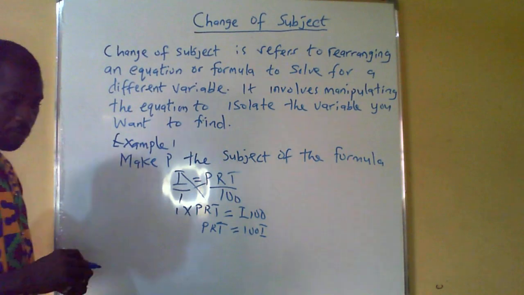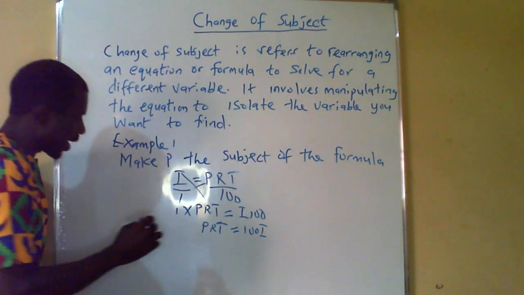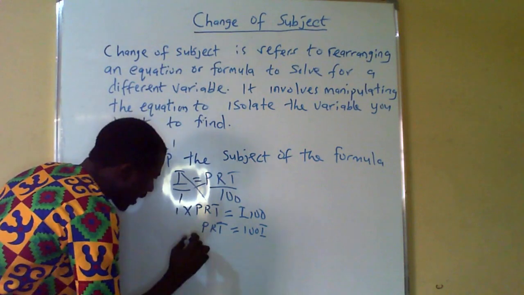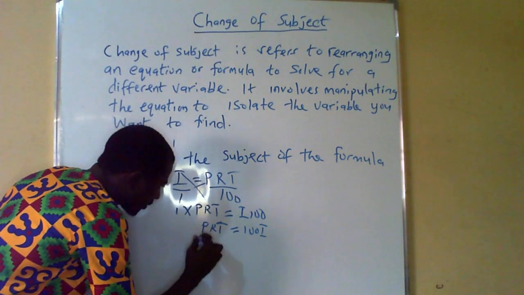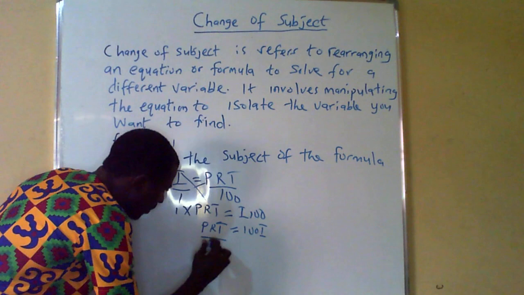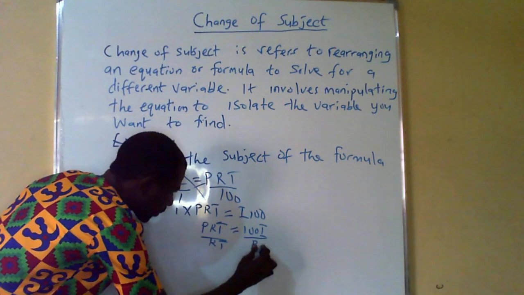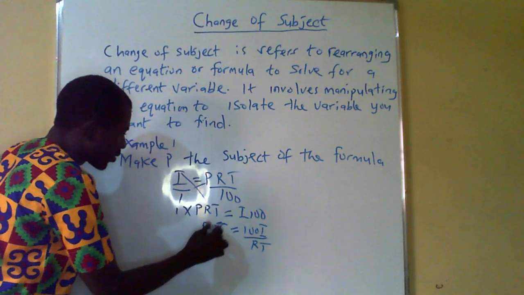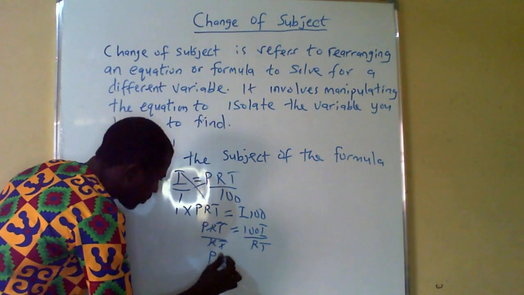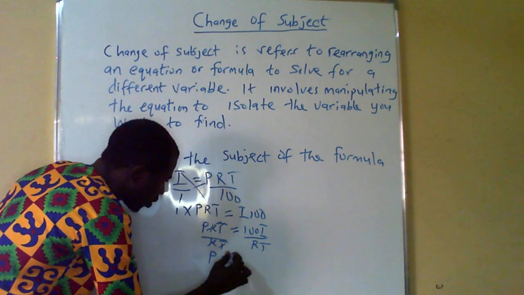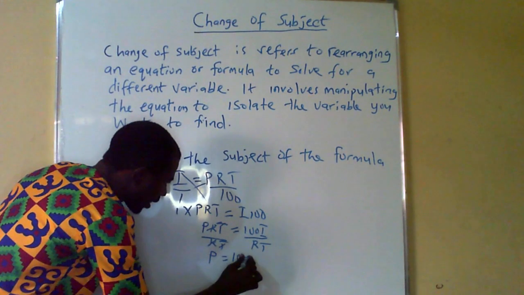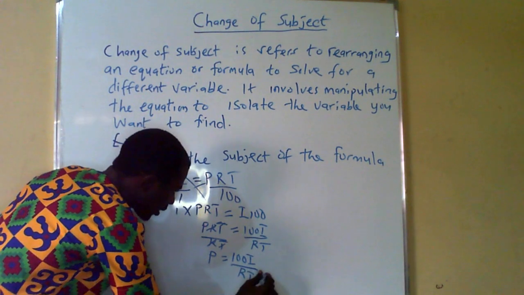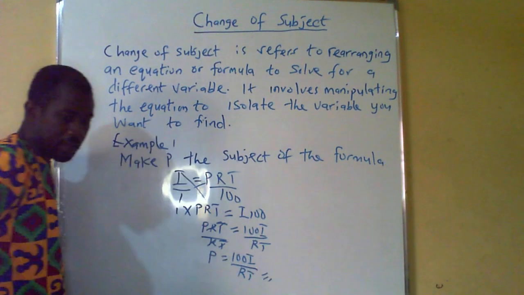Since we are looking for P, we want to isolate P, so we divide both sides by RT. The R will cancel this R, and T will cancel this T. So our final answer becomes P equals 100I over RT. This becomes our final answer.